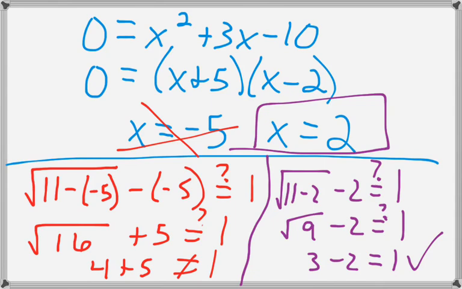We want to get the radical by itself, and then since it was a square root in this case, we squared both sides. It might not be a square root, it might be a cube root or a fourth root or a fifth root. So for example, if you have a cube root, you still want to isolate the radical, which has already been done here.